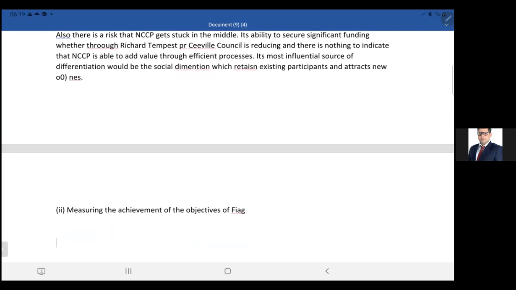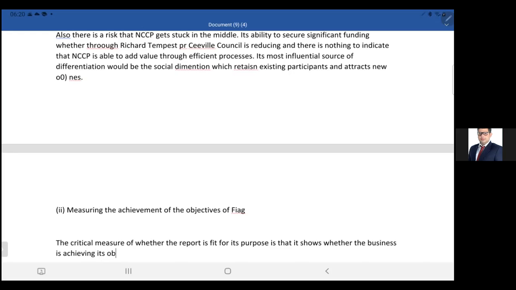Right. So the critical measure of whether the report is fit for its purpose is that it shows whether the business is achieving its objectives.